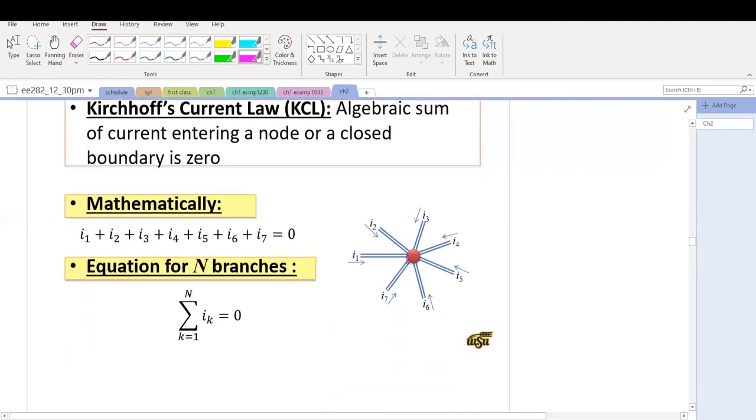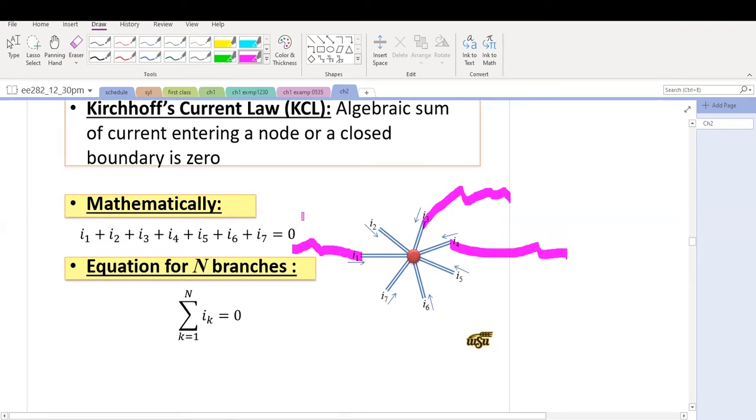So if I have this branch here, I1, I2, I3, up to I7, this branch can connect to other circuits, and this branch can connect to other circuits. Whatever it is, it doesn't matter. We want to look locally at this node, and at the current flowing into this node.